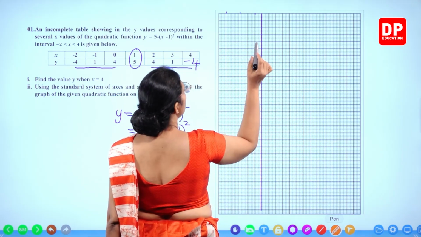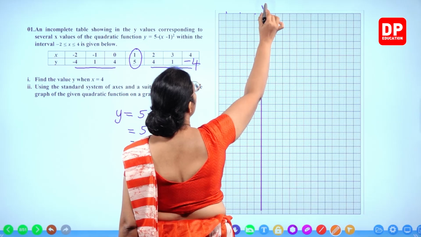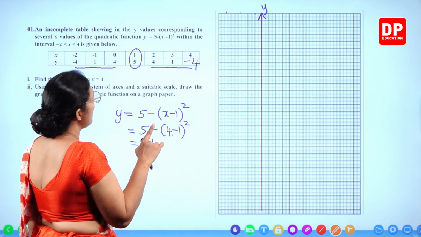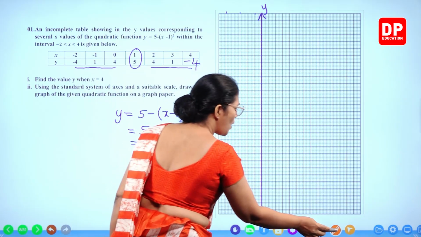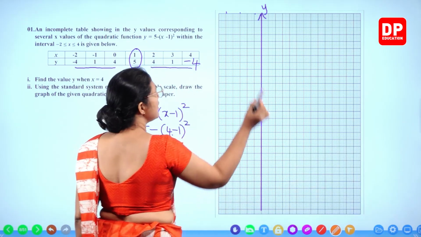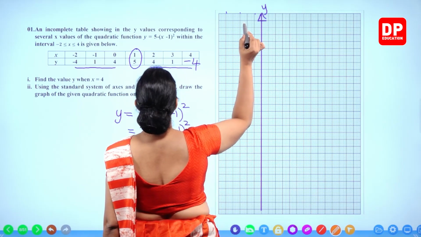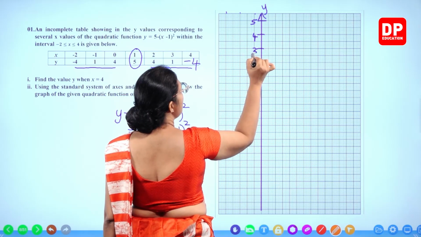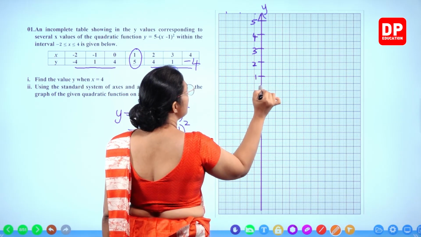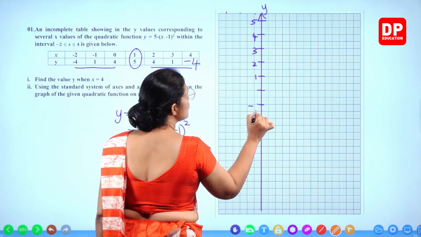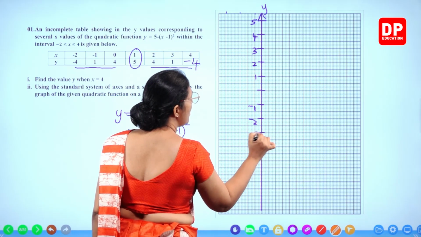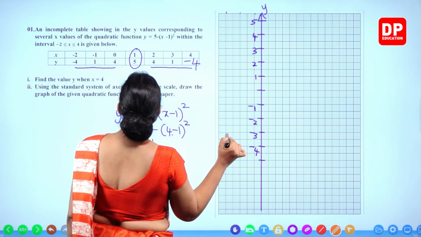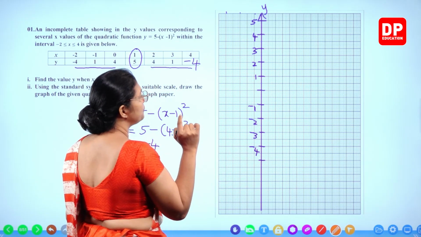Then you can mark the y values. Now the y values are minus 4 to plus 5, so you can take 10 squares as 1 unit there as well. Let's take 10 squares as 1 unit starting from 5: 5, 4, 3, 2, 1, 0, minus 1, minus 2, minus 3, minus 4, and you need only up to minus 4.